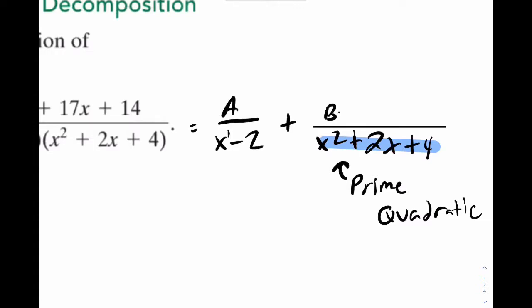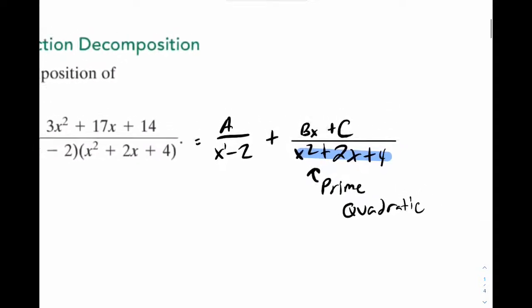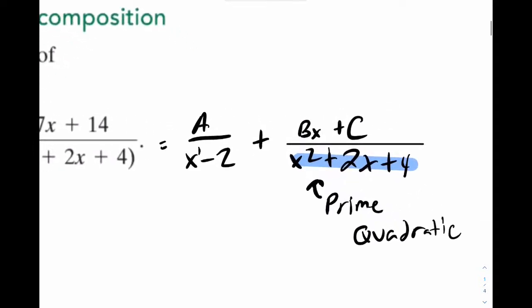So Bx to the 1. And you have to account for the possibility that there is a constant. So you put plus C. So that's our new part for today. You need this with a prime quadratic. These are the more advanced problems we'll be dealing with today.